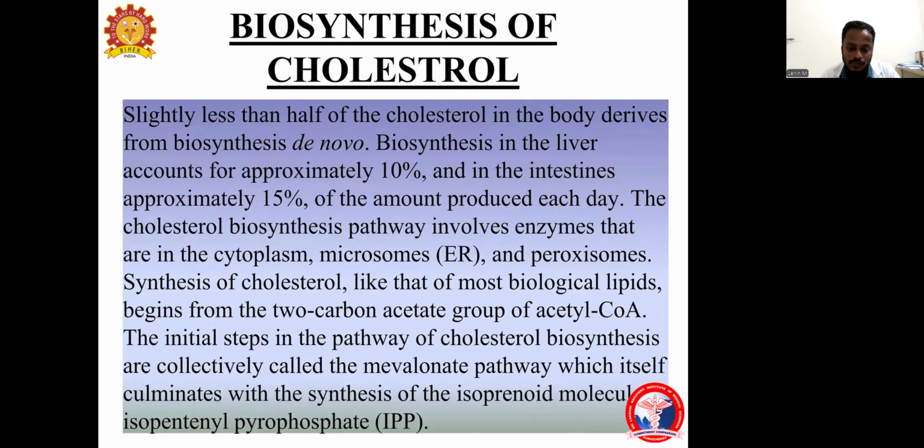The initial steps are collectively called the mevalonate pathway, leading to the synthesis of the isoprenoid molecule, then isopentenyl pyrophosphate, and finally cholesterol.